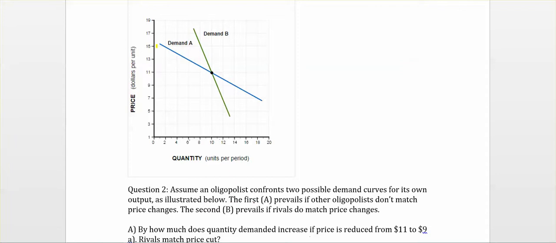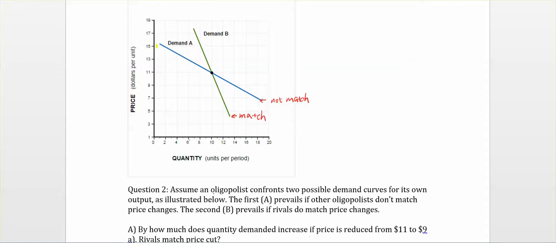The first, demand curve A, is if other oligopolists do not match price changes, which is the blue curve. The second prevails if rivals do match price changes, so the green curve is when the rivals match the price change.